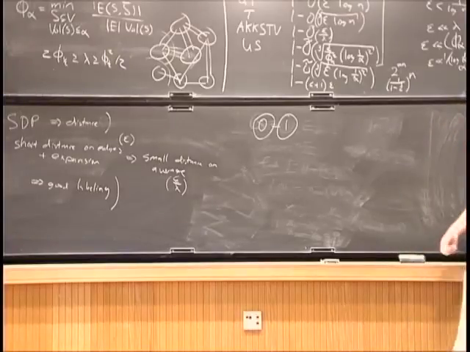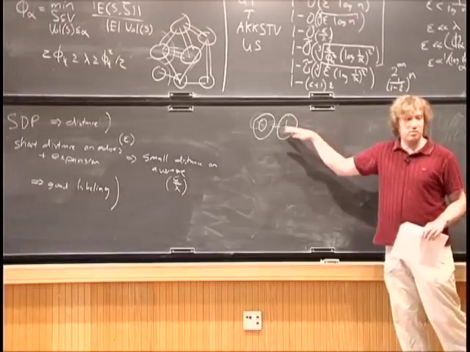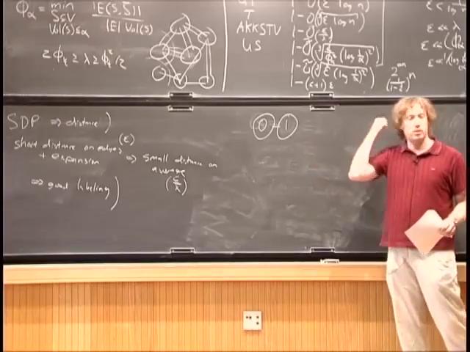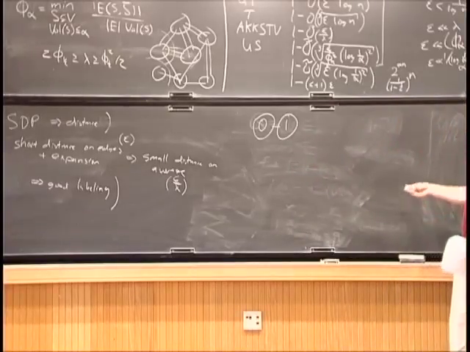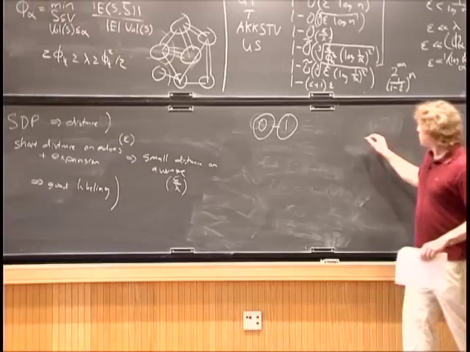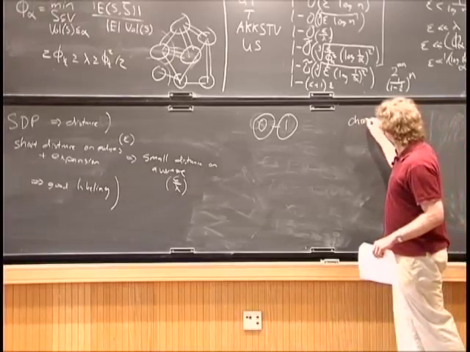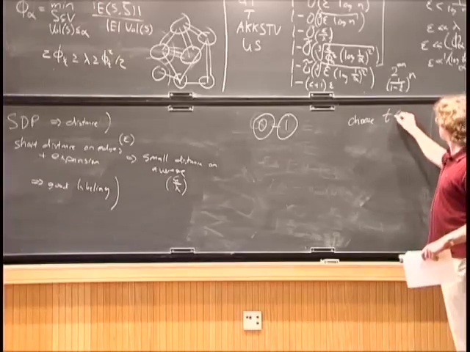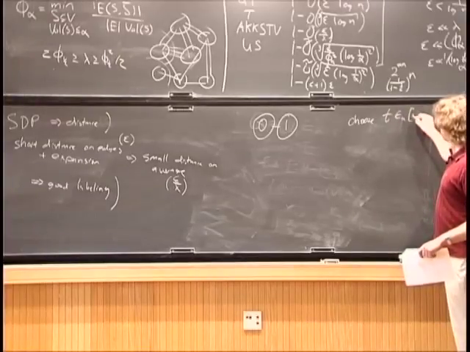So we'll continue thinking about this case where each vertex of the graph is labeled with some number between 0 and 1. And we'll choose some threshold t uniformly between 0 and 1.